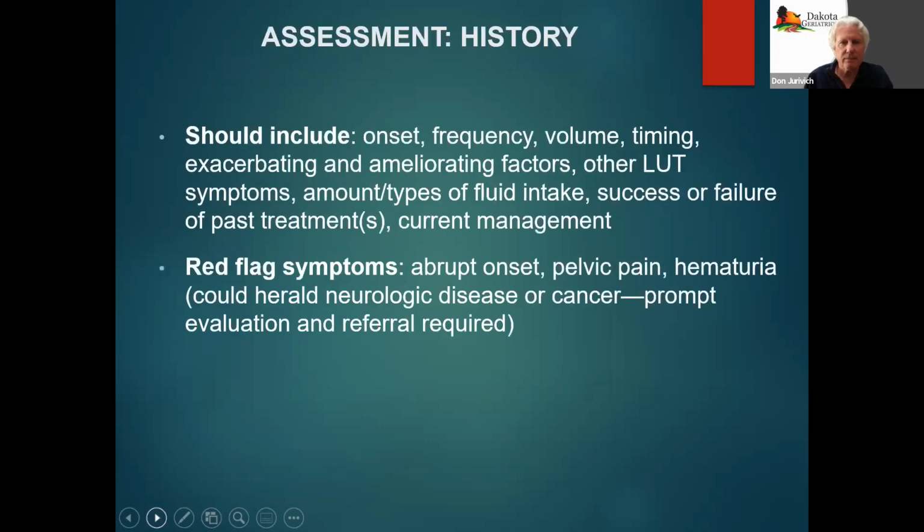Next slide. So as part of the history, we want to really get down all the elements of when does it occur, how often does it occur, can you give an estimate of how much volume, is it large or small, and then the things that make it better or make it worse. It's much like we ask about pain, where does it start, where does it go, and so forth.